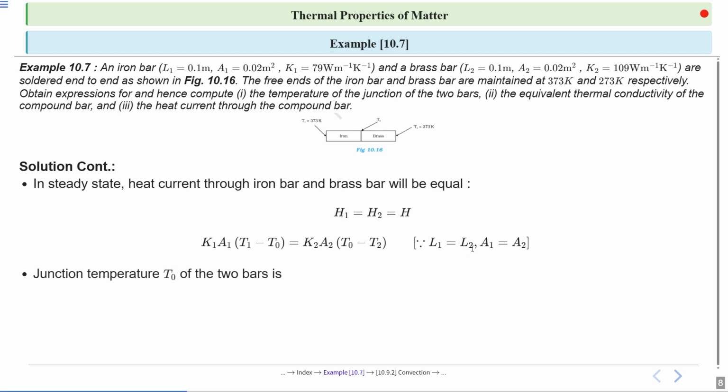And we know L1 equal to L2 are equal. Similarly, A1 equal to A2. So junction temperature T0 of the two bars is, solving this, you will get the junction temperature, that is (K1 T1 plus K2 T2) divided by (K1 plus K2).